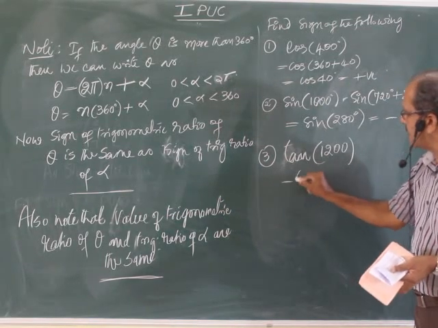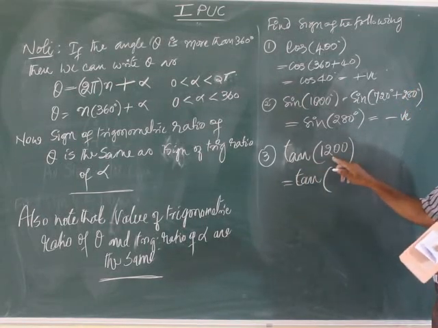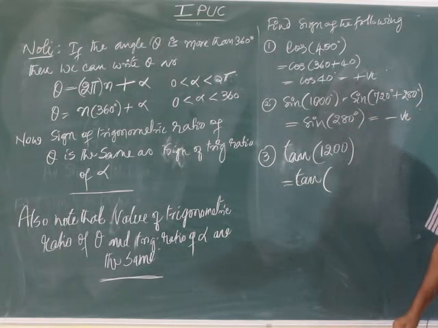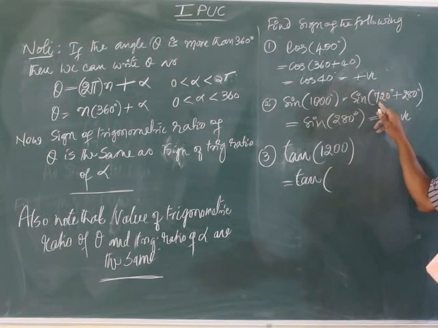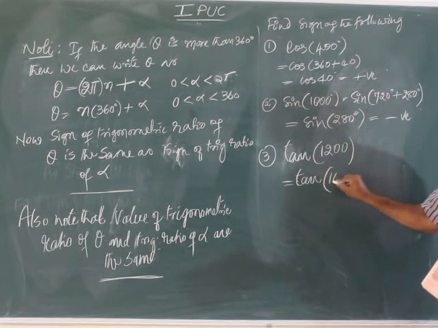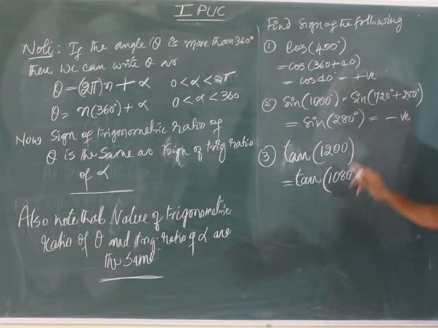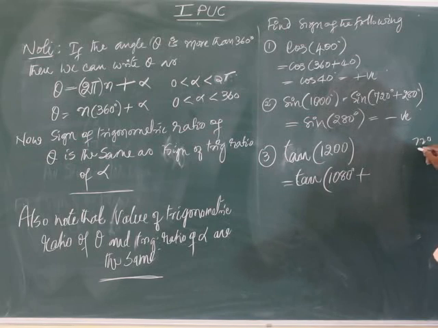1,200 means you can write it as tan of 1 rotation, 2 rotation, 3 rotation completed. 360, 720, next one is 1080, correct, no? 1080, multiple of 360 only you have to write. 720 plus, correct, no? 360 means 8, yes, 1080.